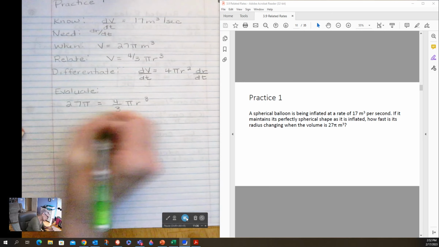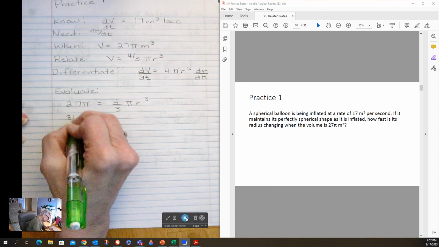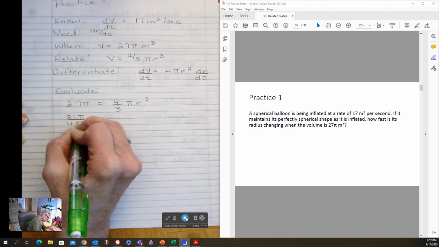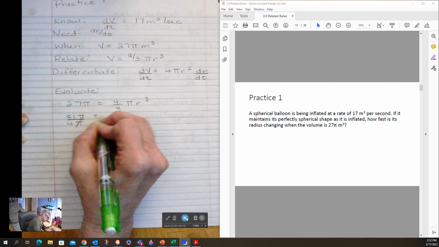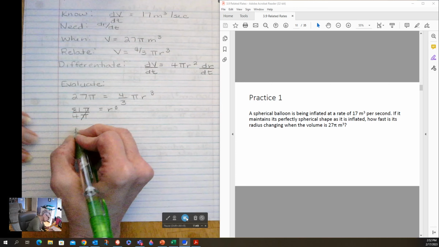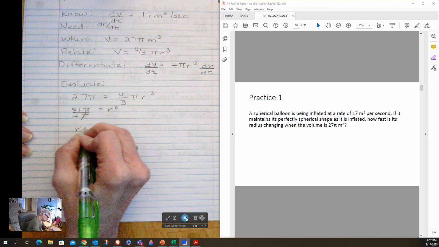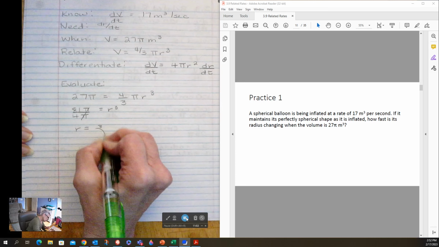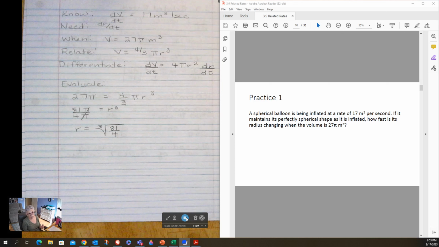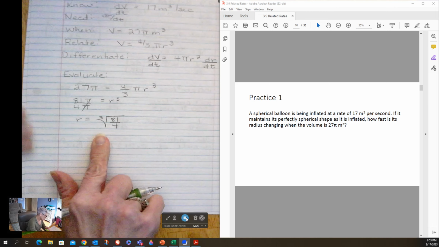So 3/4 times 27 gives me 81 pi over 4 pi is equal to r cubed. So r is equal to the cube root of 81 over 4. You could write it as 3 times the cube root of 3 if you wanted to, but that's really not that much prettier than that answer.